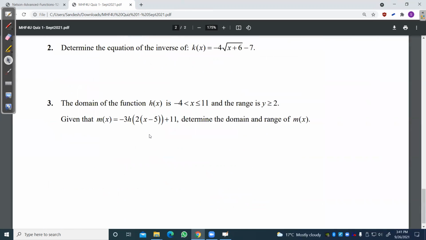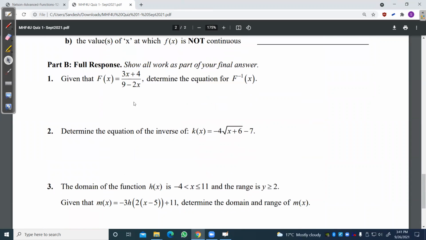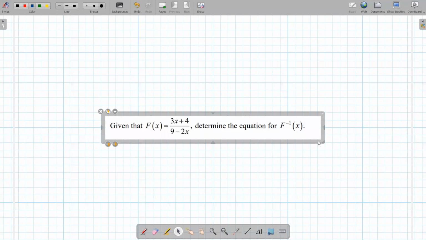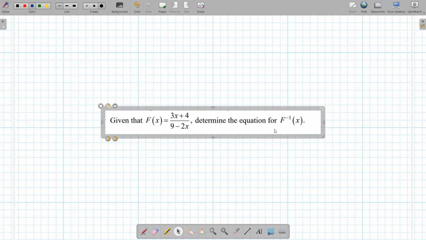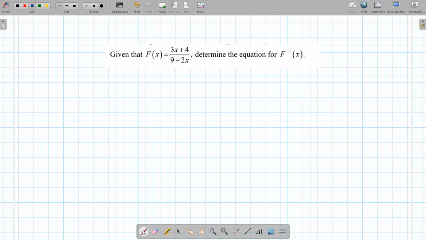I want to do these with you. I'm not sure if you did them. Did you do this? Determine the inverse. Let's see if you got it right. You just sub in x for y. It's going to take us 15 seconds. So you got x equals (3y plus 4) over (9 minus 2y). And then what did you do?